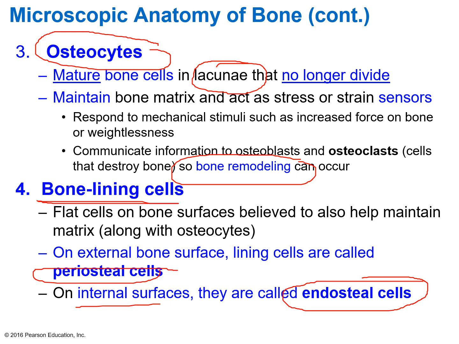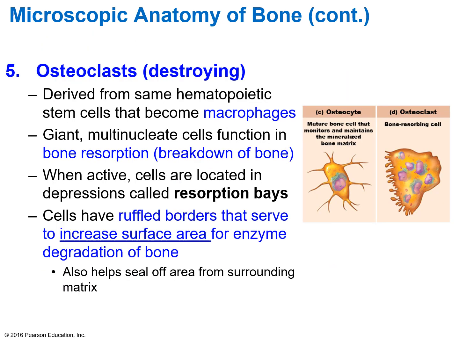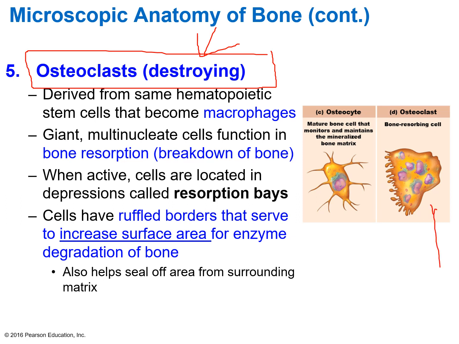And then our fifth cell are osteoclasts. Osteoclast cells are all about destroying or breaking down the bone. They come from a hemopoietic stem cell that also gives rise to macrophages. Osteoclast cells are extremely large cells that assist in what they call bone resorption, which means the breakdown of the bone matrix.